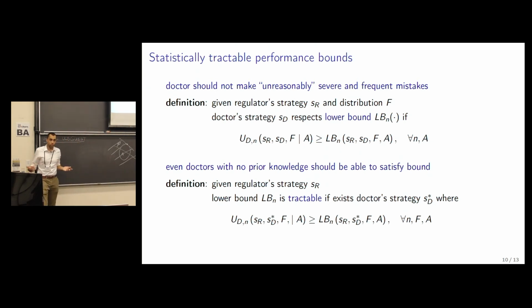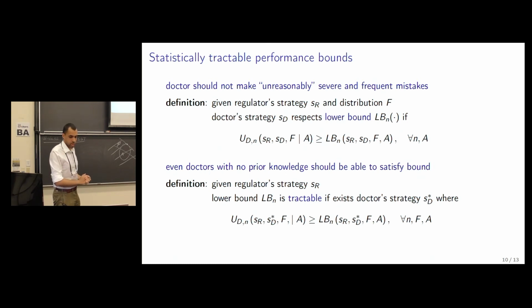So what do I mean by this? I mean, there has to exist some, let's say, off-the-shelf algorithm that does not require any kind of knowledge about the distribution, such that the doctor can use this algorithm to satisfy the lower bound. And in that sense, this lower bound does not require any prior knowledge, and in that sense, it's prior-free.